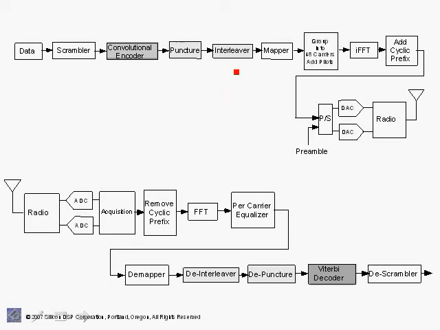Furthermore, with interleaving, as we pointed out, we can combat burst errors, and the fact that we are using forward error correction coding in a wireless communication link means that we can achieve robust, reliable communication and eliminate the need for retransmissions due to the reception of packets in error.